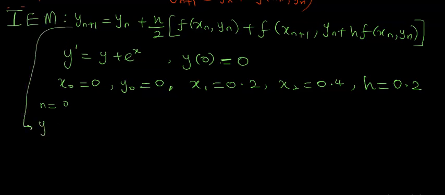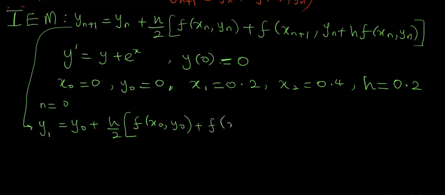This is going to be y1 equals y naught plus h over 2 f of x naught, y naught plus f of x1 comma y naught plus h f of x naught, y naught. Then we have the bracket close. Okay, so now we just simply substitute all these values here. So now our y naught is actually 0.